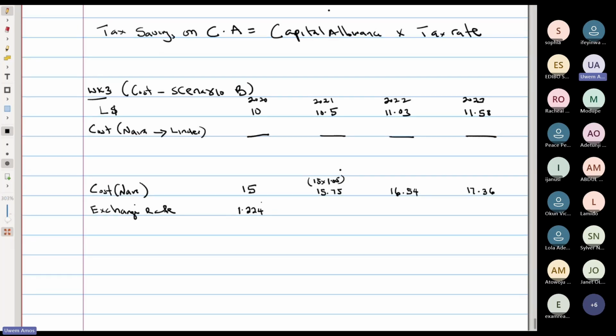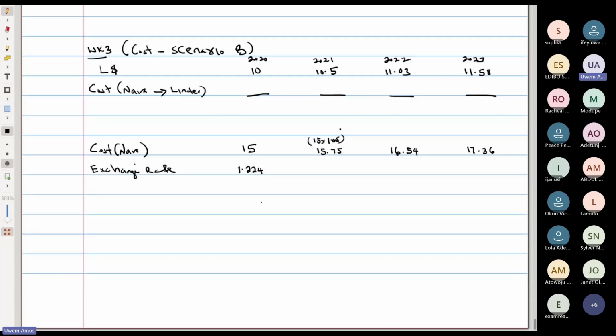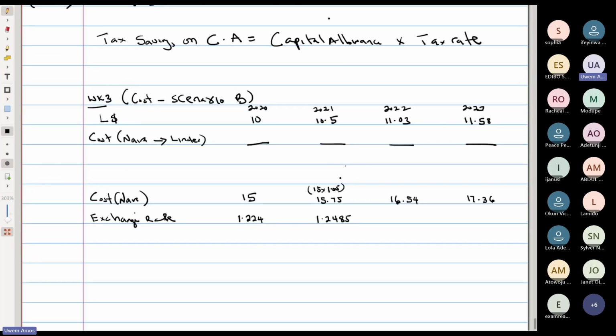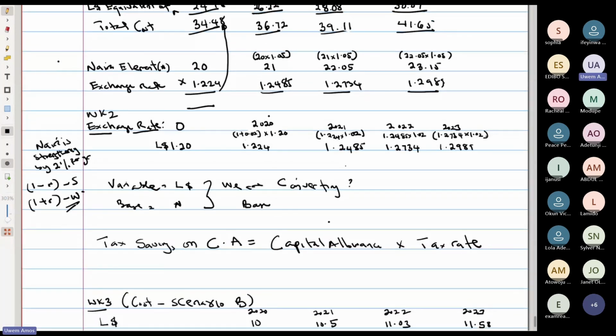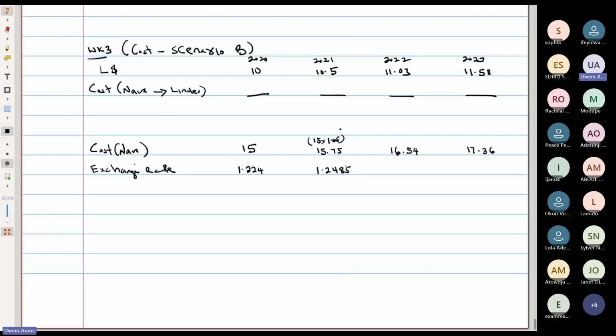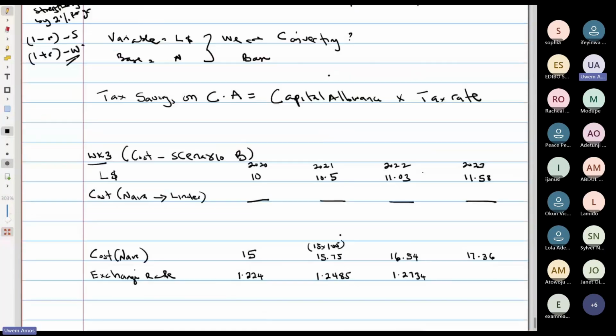Next one, 1.2485. The next one is 1.2734, and then the next one 1.2989.